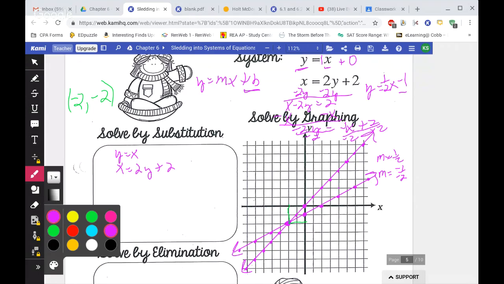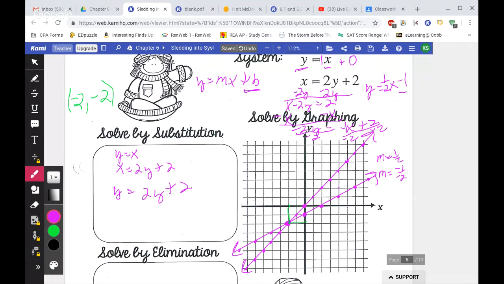I will say y equals 2y plus 2. I feel like I did something wrong already.